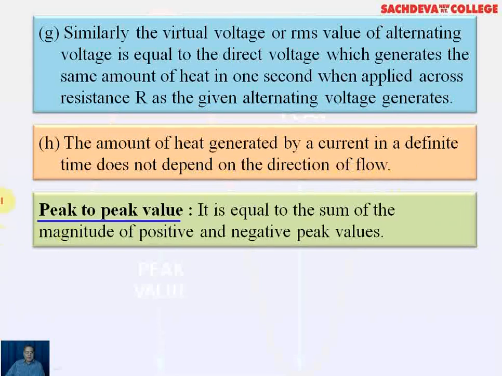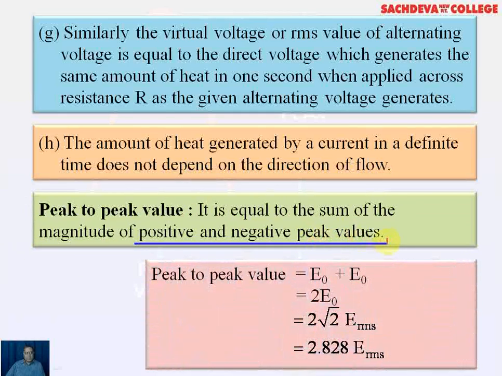The peak to peak value. What exactly do we mean by peak to peak value? It is equal to the sum of the magnitudes of the positive and negative peak values. So the peak to peak value is E naught plus E naught, that is double E naught. And for E naught we can write root 2 times E RMS. So 2 E naught can be written as 2 root 2 E RMS.